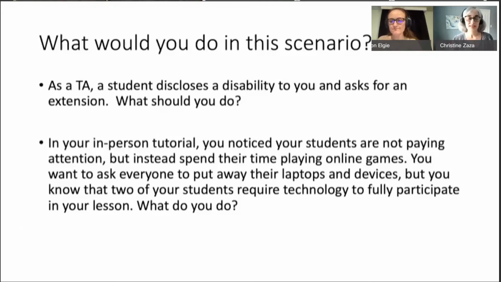I've heard of this happening, where the accommodation the instructor provides is not actually appropriate and could even do more harm than good, because they haven't reviewed the medical documentation, don't know the extent of the functional limitations, and don't have the expertise to design appropriate accommodations. That's a really important piece to keep in mind.